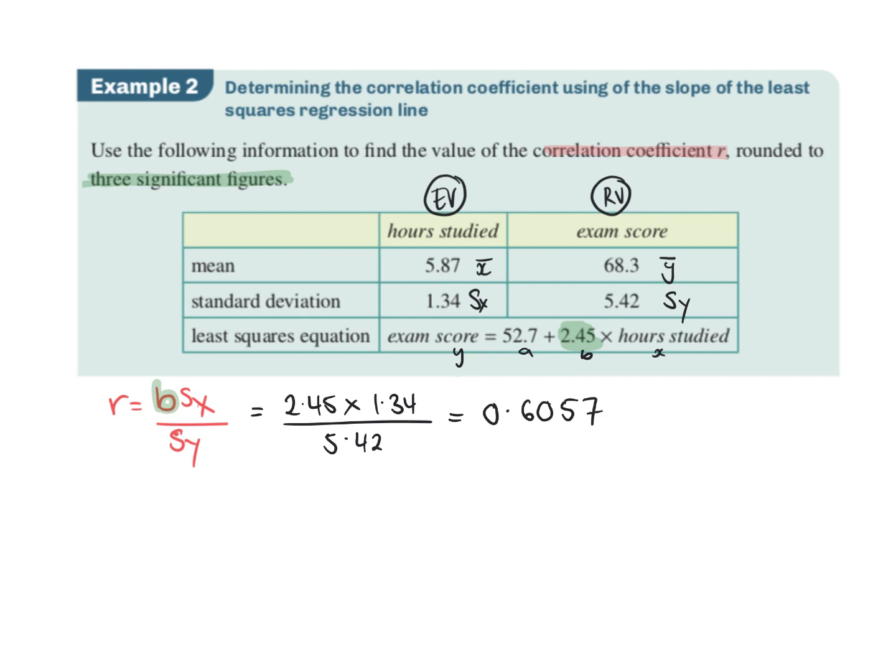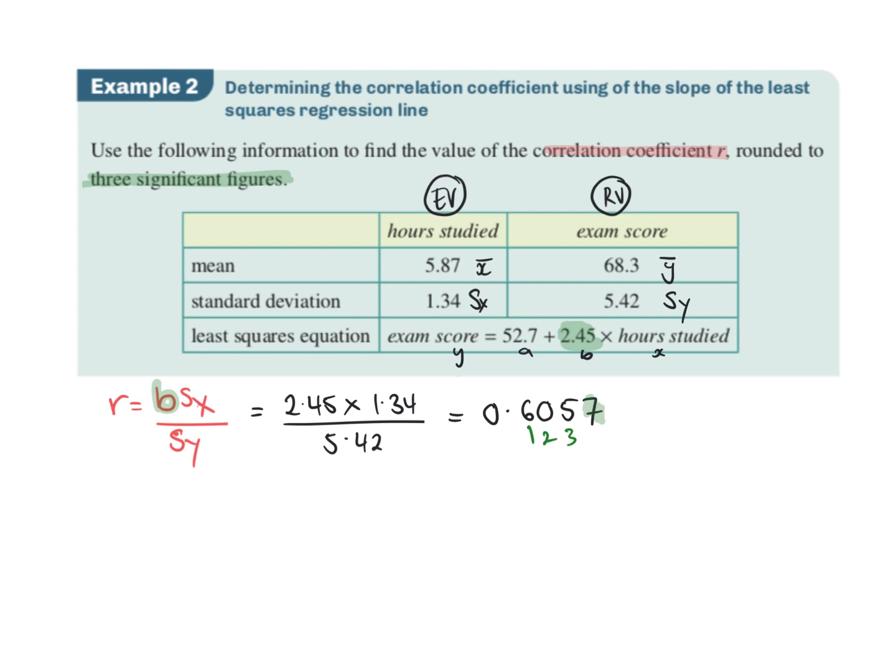When you're doing three significant figures, it means you start counting as soon as you have a non-zero. So 1, 2, 3. As soon as you've got a non-zero, that's when you start counting. So I count 1, 2, 3. And once I get that, you do have to look at the fourth one and then you round like normal.